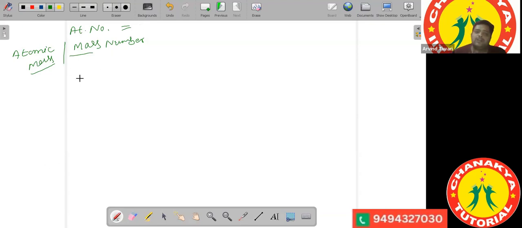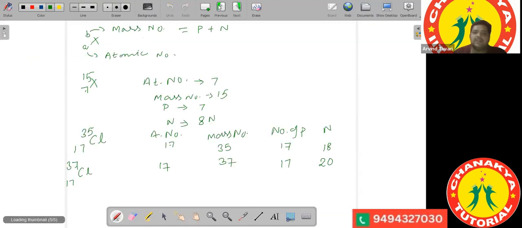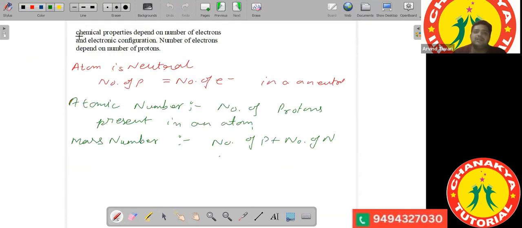Now, the properties of an element depend on the number of protons. See, here we have already discussed that the chemical properties depend on the number of electrons and electronic configuration, and the number of electrons depends on the number of protons. So you can indirectly say that all the chemical properties of an element depend on the number of protons and not on the number of electrons, not on the number of neutrons.